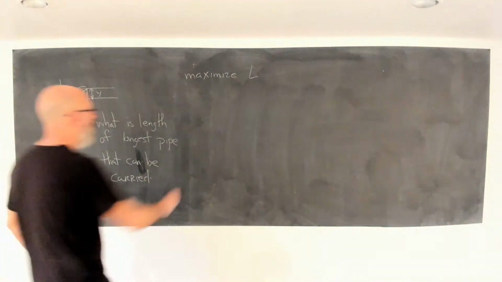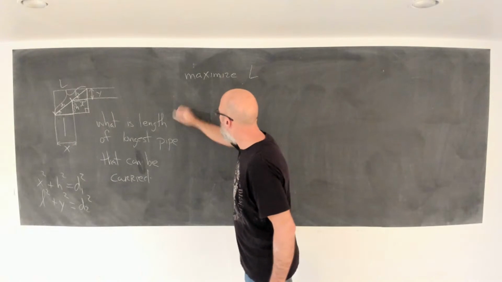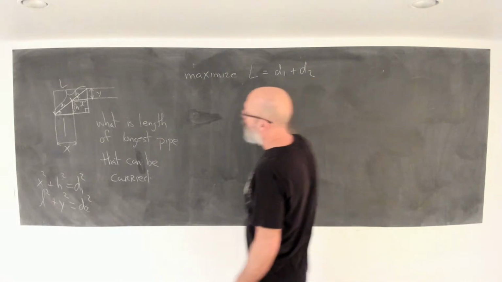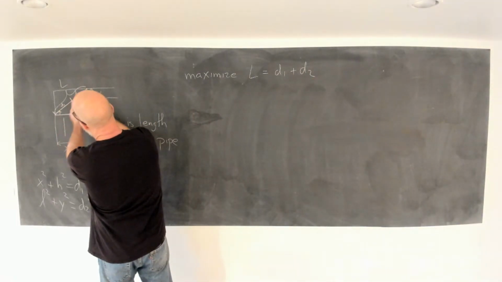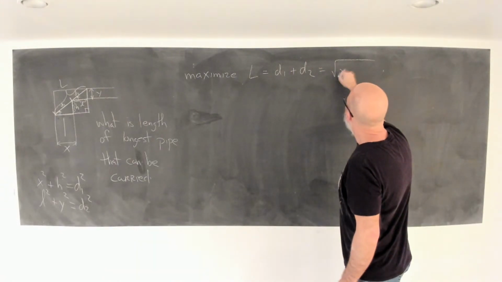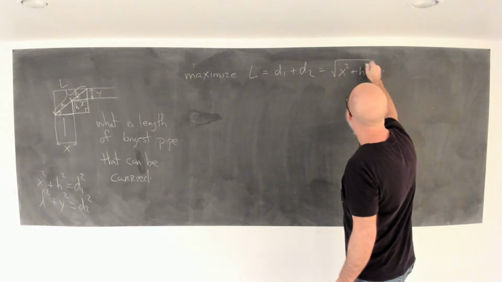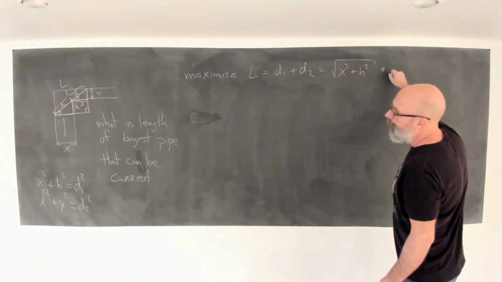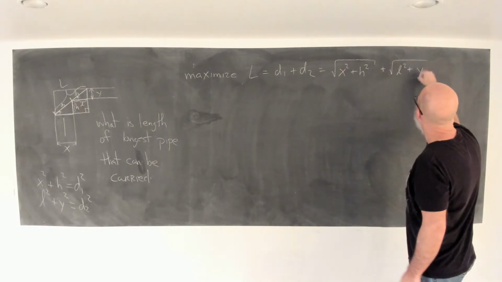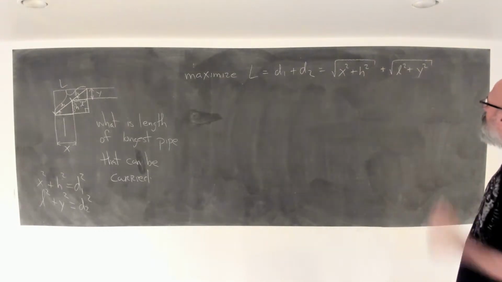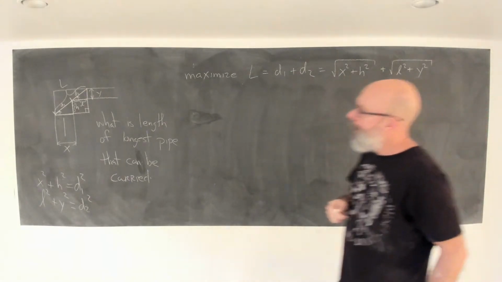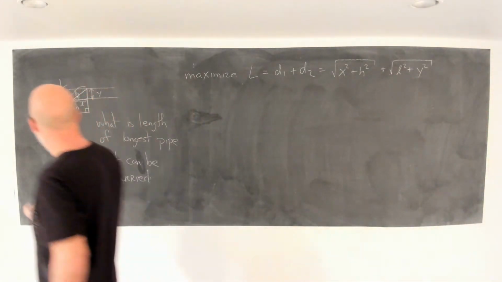So L, which is equal to D1 plus D2, this piece plus that piece, is the square root of x squared plus h squared plus the square root of L squared plus y squared. If we can get a relationship between h and L, then we're good to go.